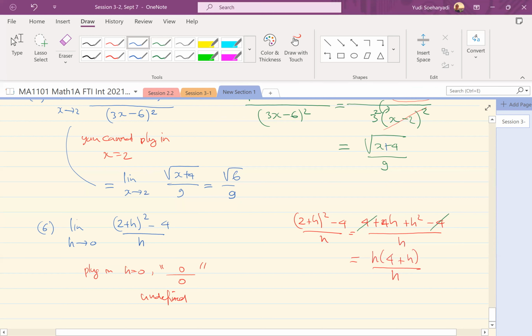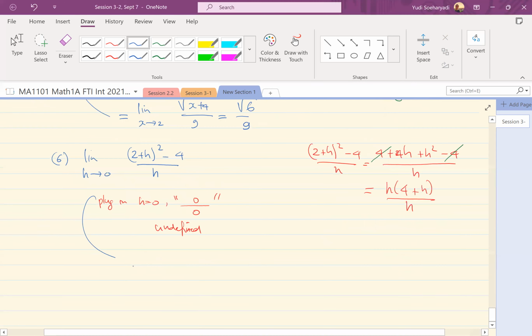Okay, so let's continue these computations. So you get the limit, so end up with this. Well, this tells you that h not equals 0. h gets closer to 0, but it's not 0.